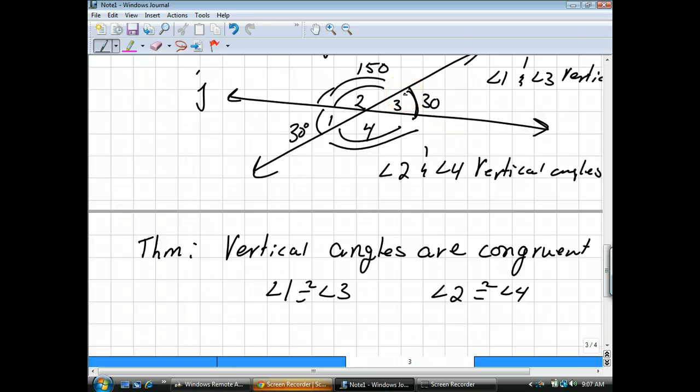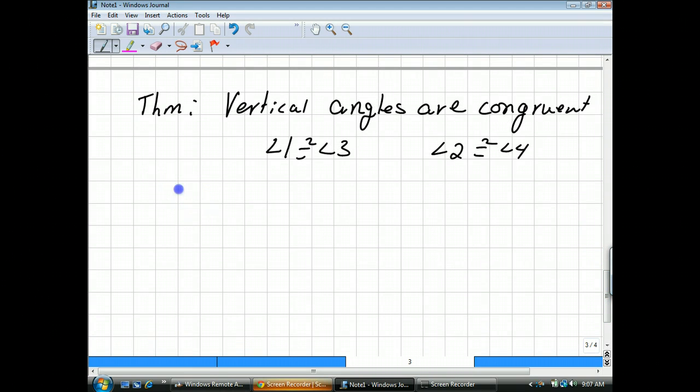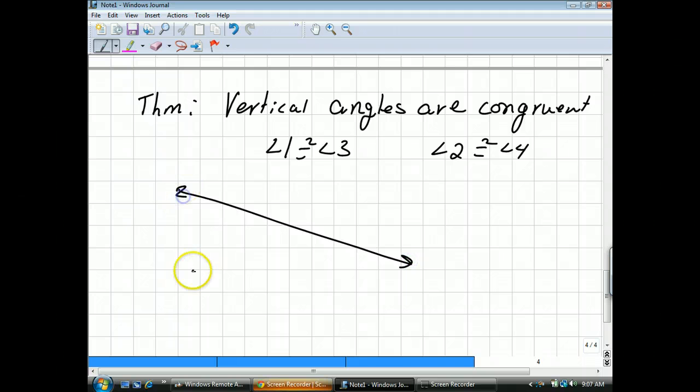So we can use that fact to solve for specific angles. So for example, let's say I know that this angle is 2x minus 5 degrees and this one is 35 degrees.